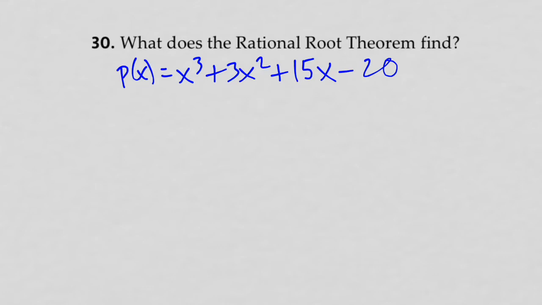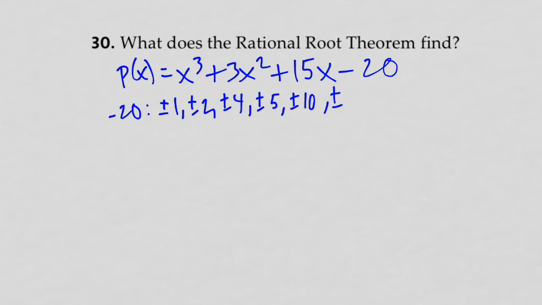The rational root theorem tells me that I can take the constant over here, 20, and find all of its possible factors: plus or minus 1, plus or minus 2, plus or minus 4, plus or minus 5, plus or minus 10, plus or minus 20, right?